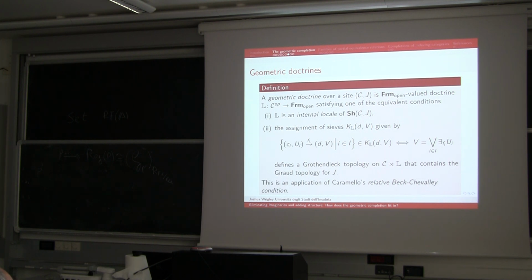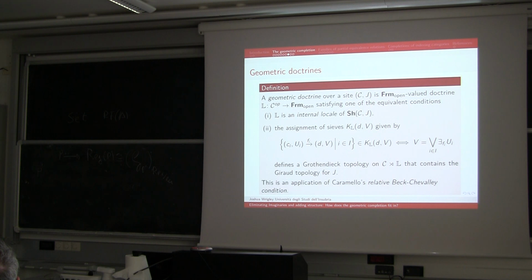If we are over a Cartesian site, we can just take the Beck-Chevalley condition. But we need something else, even in the case when we don't have finite limits in our base category. So these are actually equivalent conditions, these extra conditions we want to put on a geometric doctrine. The first one is that it's an internal locale, a locale in the internal language of our sheaf topos.